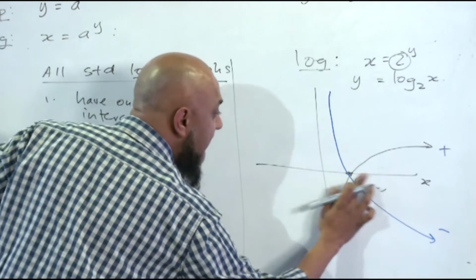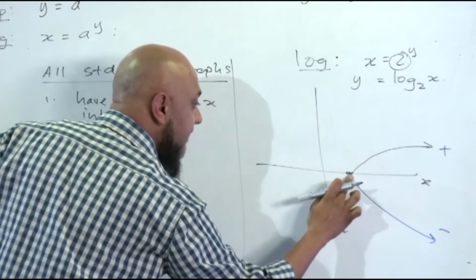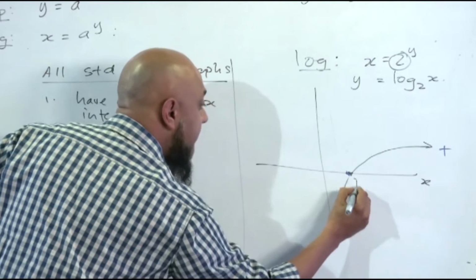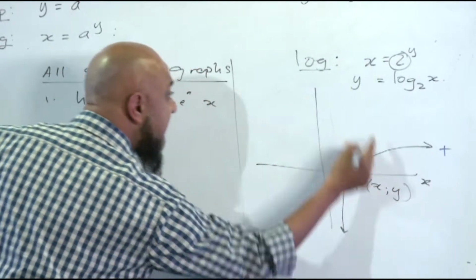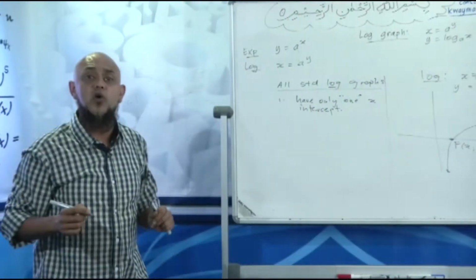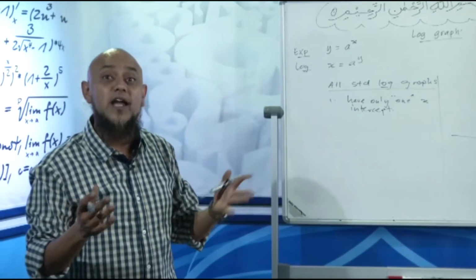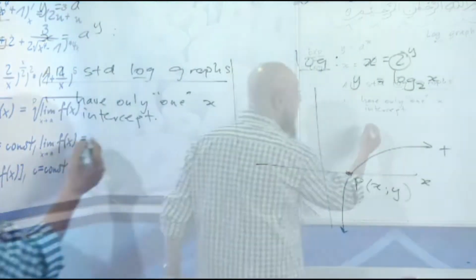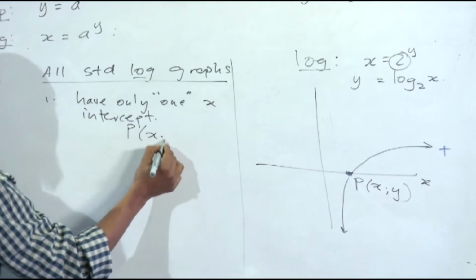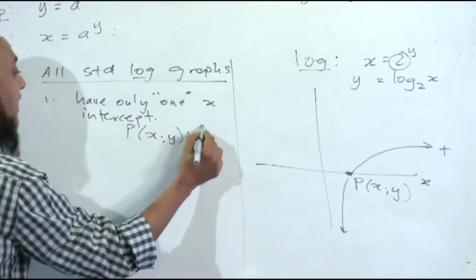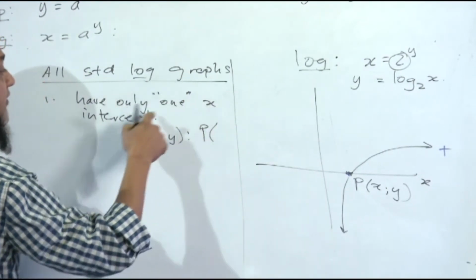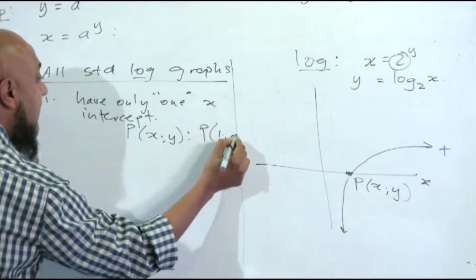So there we go. Even if they didn't give you that, say they told you this is a point P, x and y, and it's a standard log graph, and they said determine the coordinates of P. Again, like we said, it's a no-brainer. The coordinates of P are: all log graphs have only one x-intercept, 1 and 0.